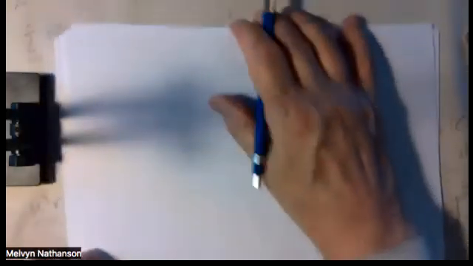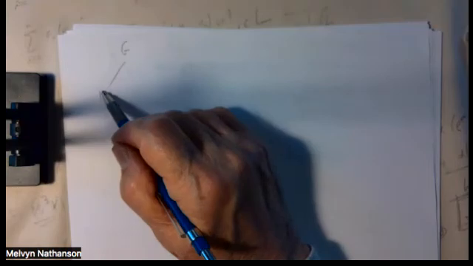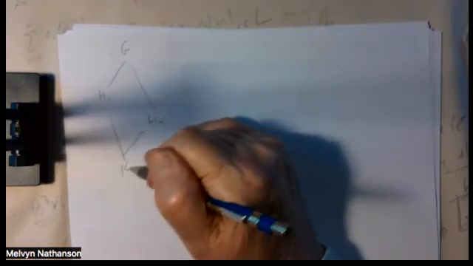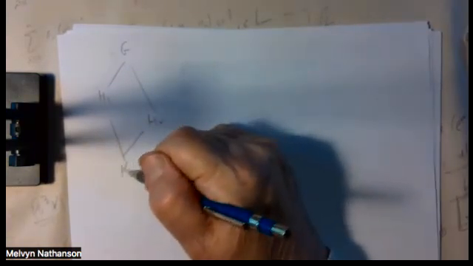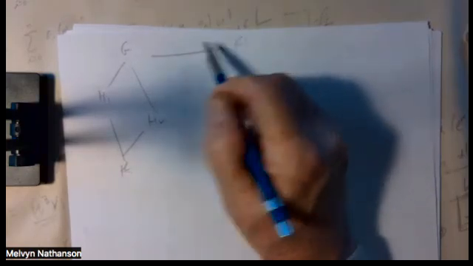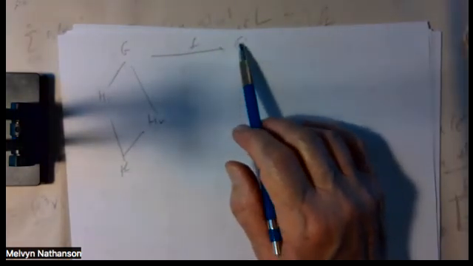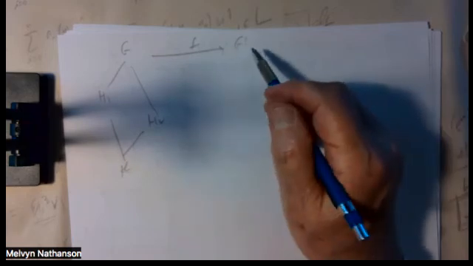Let me say that again, because I want to make sure this is as clear as I can make it. So here we have G, and here we have two subgroups, H1 and H2, and they both contain the kernel K. And here we have G prime and a homomorphism F to G prime.